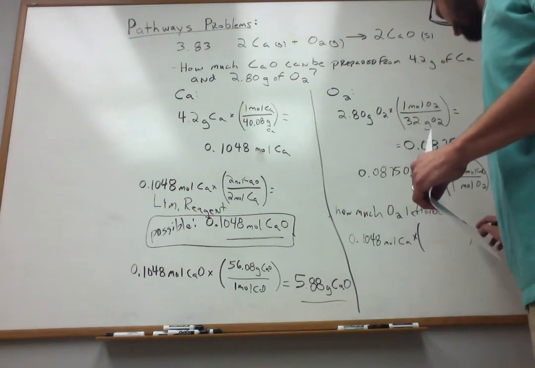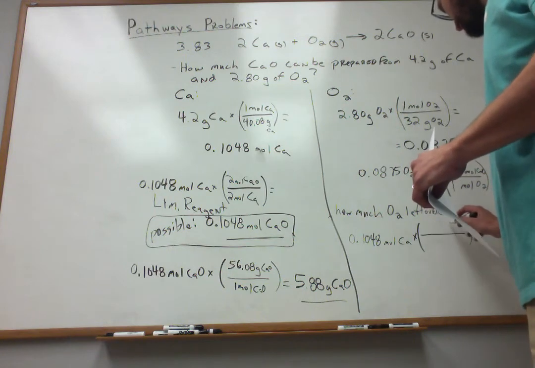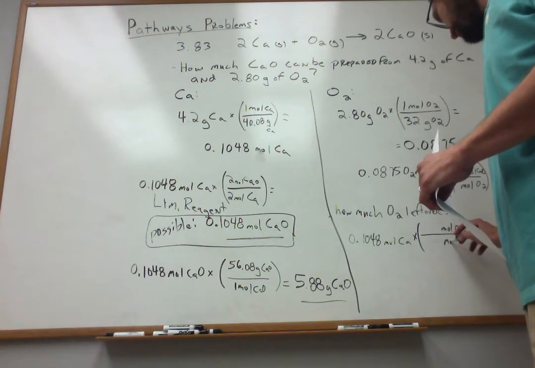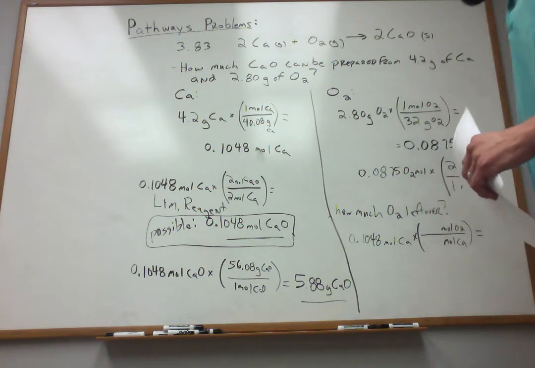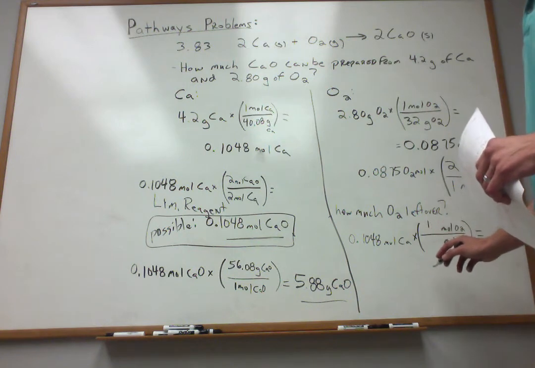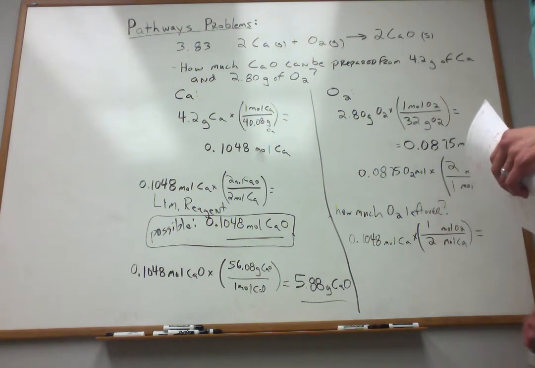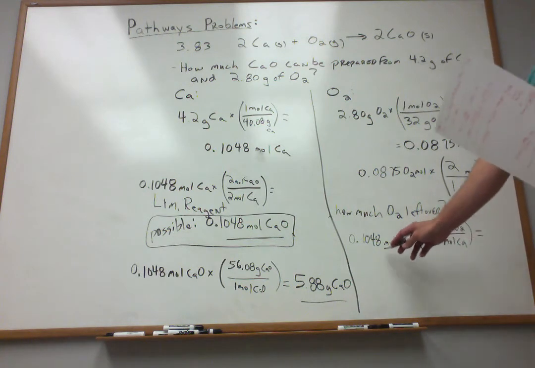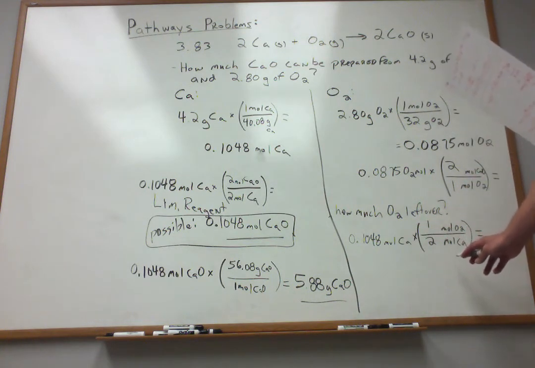Can I do a similar type of computation to figure out how many moles of O2 must have reacted with that much calcium? I think that shouldn't be too hard because I have the balanced chemical equation. I see that 1 mole of O2 reacts for every 2 moles of calcium. See where I got that from? So this is how much reacted. This is my stoichiometric ratio.